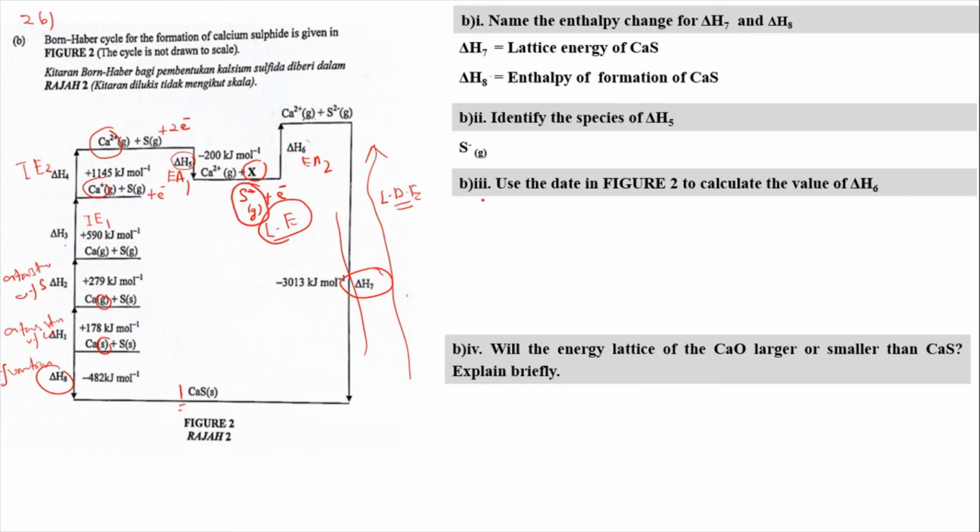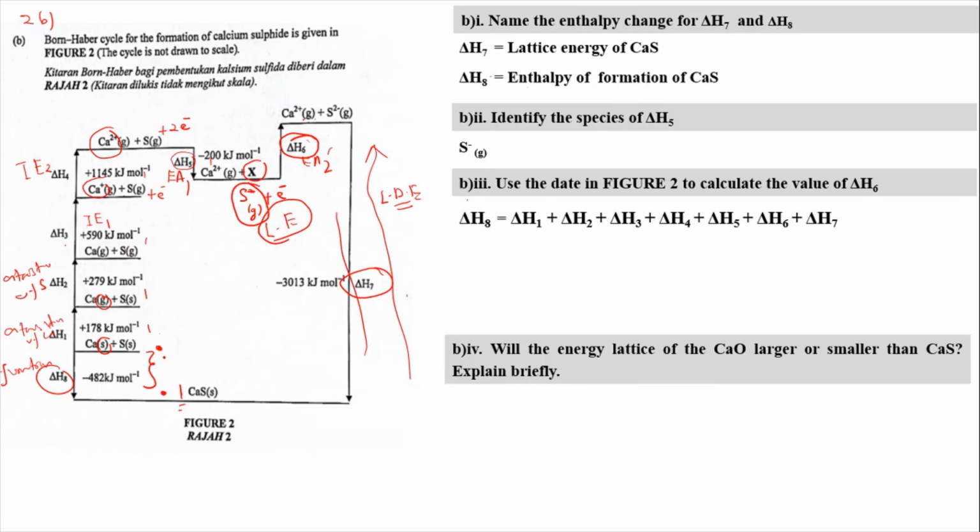Now for question B3, we have to use the data in figure 2 in order to calculate the value of delta H6. So nak cari value delta H6. For this one senang saja. You can compare, H8 is basically the addition of this with this one, pasal dia adalah starting pergi ending kan.